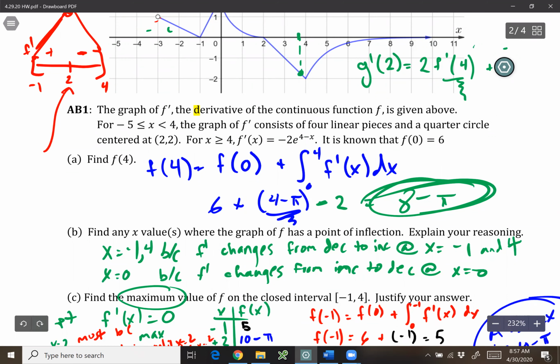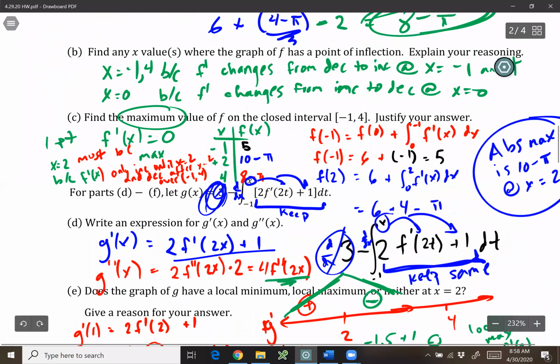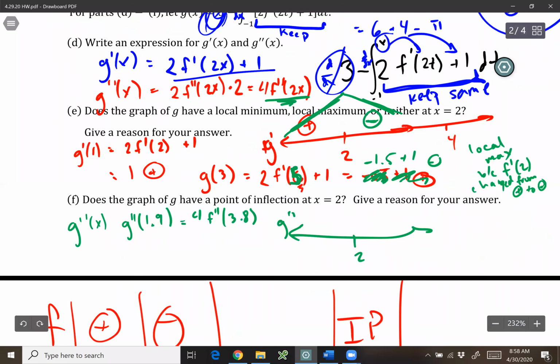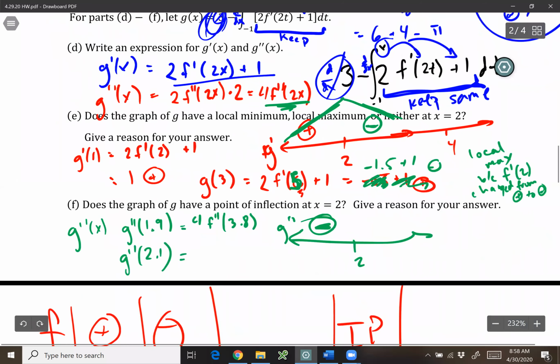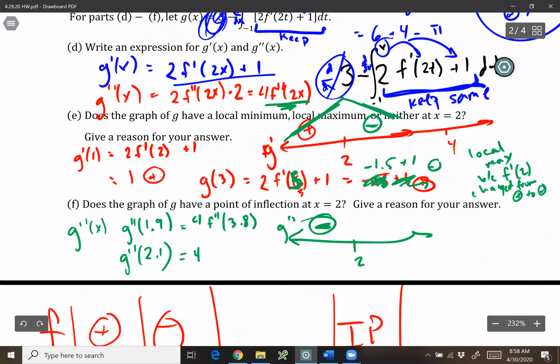That's a negative value, and it's like negative, I don't know, 1.75. But regardless, 4 times a negative is going to remain negative. Then G double prime of, let's say, like 2.1 is a little bit better than plugging in a bigger value in this case. So 4 times F double prime of 4.2.